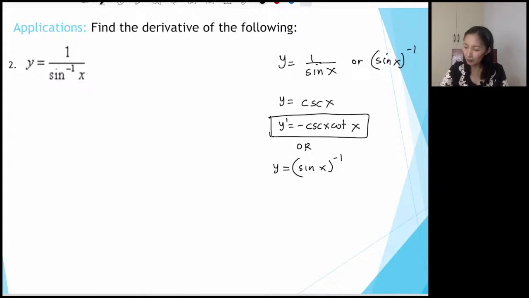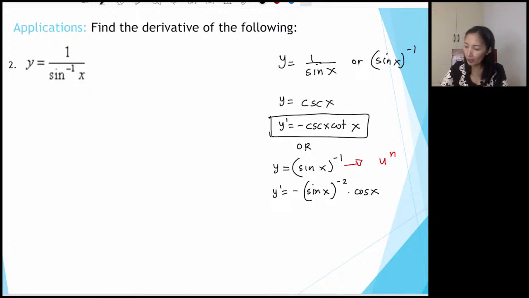Let's see. Then y prime, applying the GPR, generalized power rule, because this takes the form u raised to n, is negative 1 times sine x raised to, subtract 1 from the exponent, negative 2, times the derivative of sine x, which is cosine x.